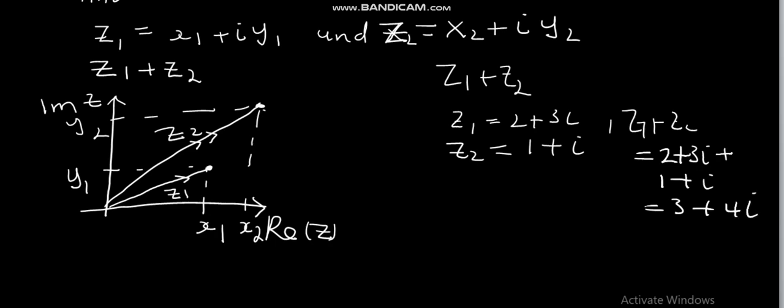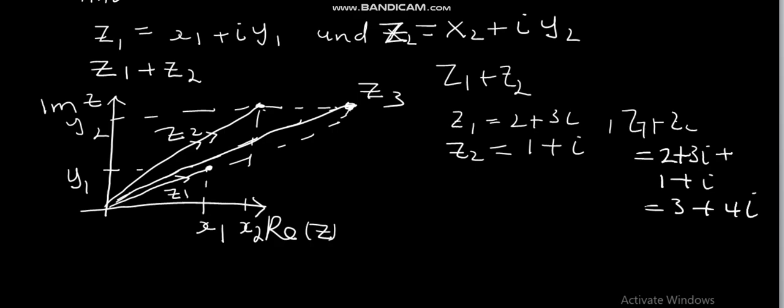So the quantity added will be greater than the original quantities. We shall have the resultant as Z3 somewhere here. That is our Z3, and it is just a combination of Z1 and Z2. So that is addition of numbers on an Argand diagram.